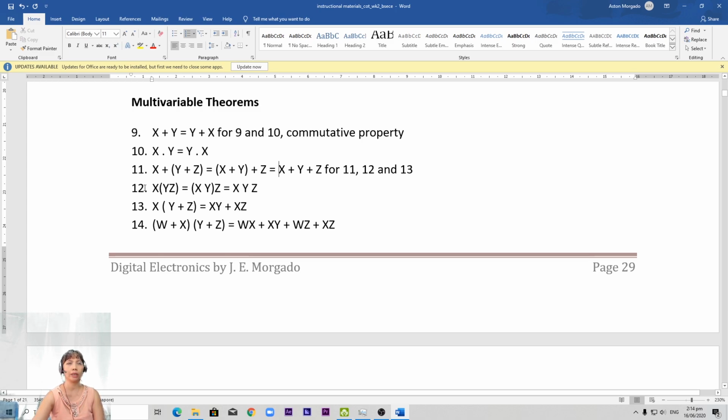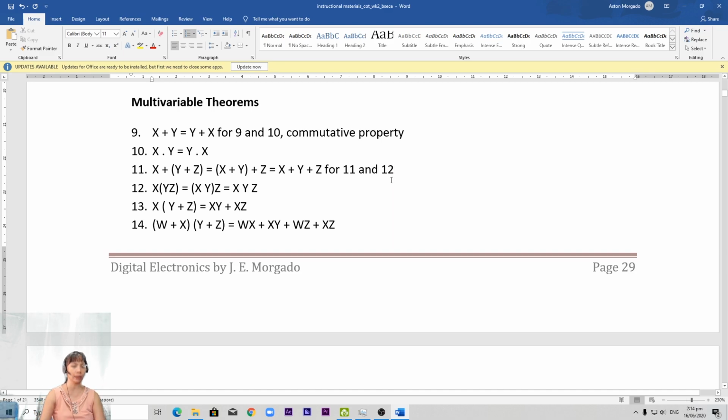That's for 11. And for 12, we have x times open parenthesis yz close parenthesis is equal to open parenthesis xy close parenthesis z is equal to xyz. So that's it for 11 and 12. Let me stand corrected, I'm only referring to 11 and 12.